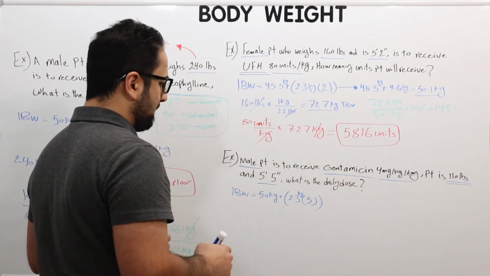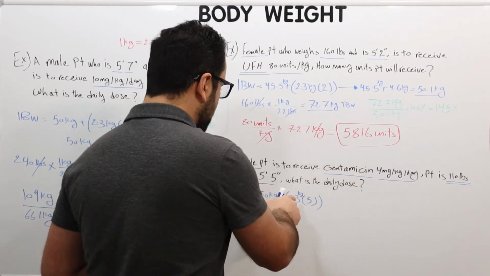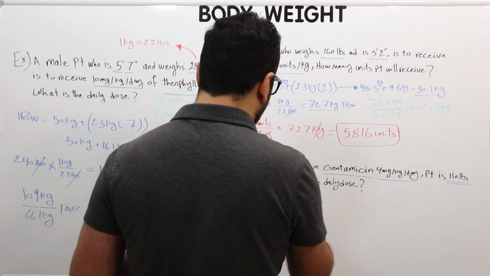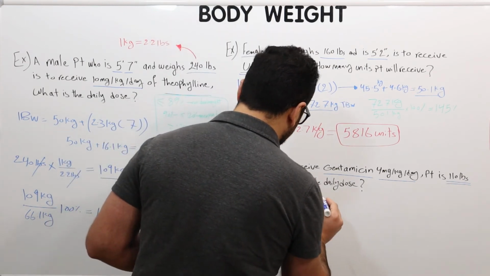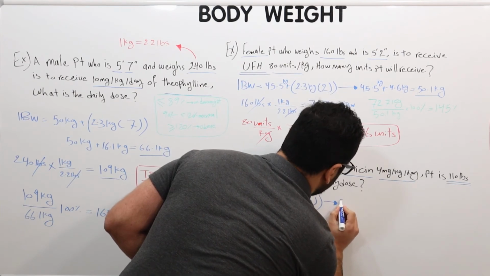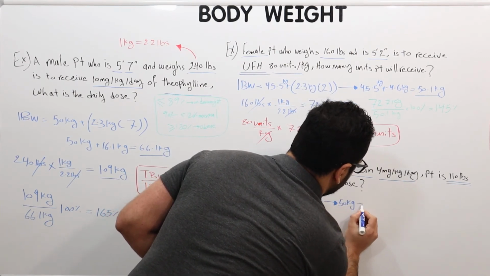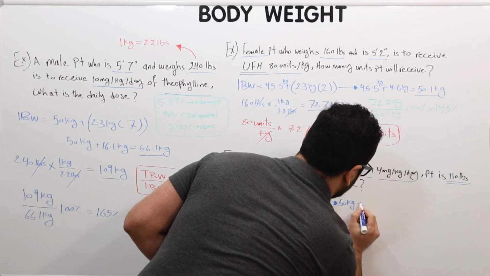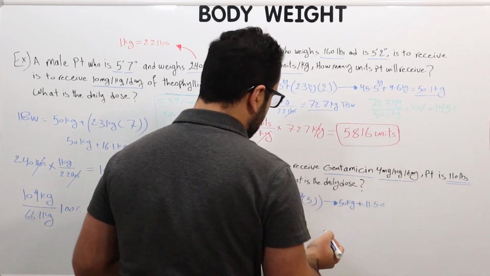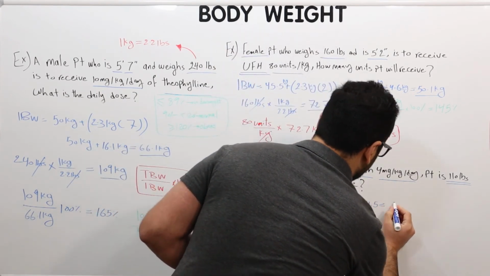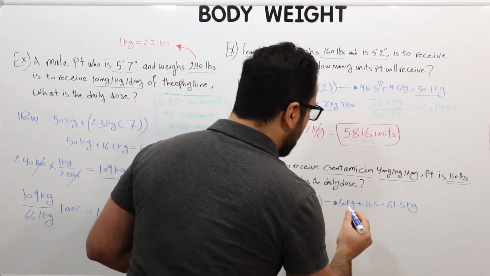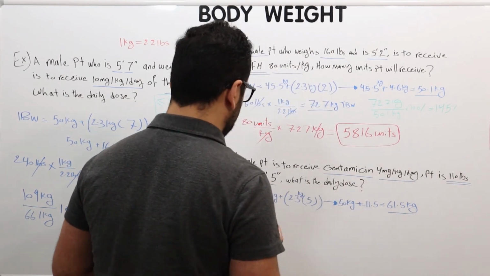So we need to multiply 2.3 by 5 first, then add 50 kilogram to it. So 2.3 times 5 is basically 11.5. So here, let's move this step over here: 50 kilogram plus 11.5. And the addition of these two is going to be 61.5 kilogram. So this is the ideal body weight for this patient.